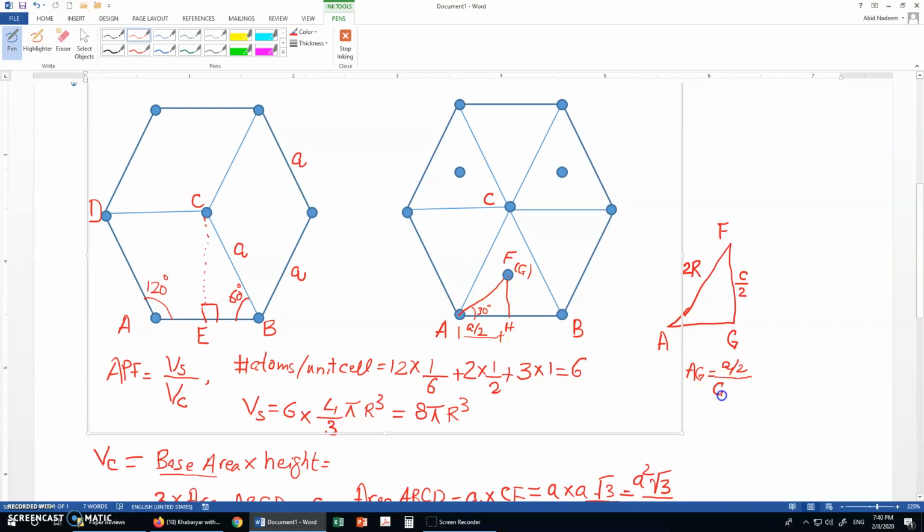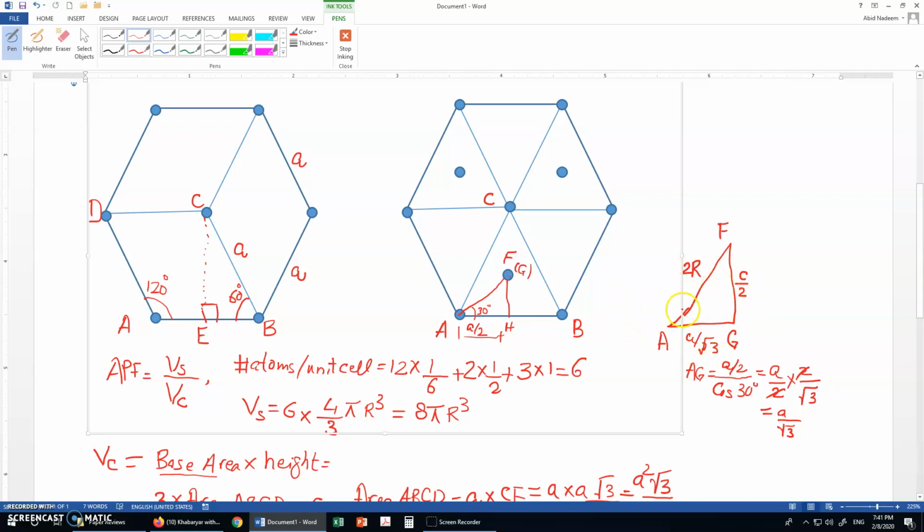So this will be equal to A divided by 2 multiplied by 2 over square root of 3, since cosine of 30 degrees is square root of 3 by 2. So this will be equal to A divided by square root of 3. So this side is A divided by under root of 3.